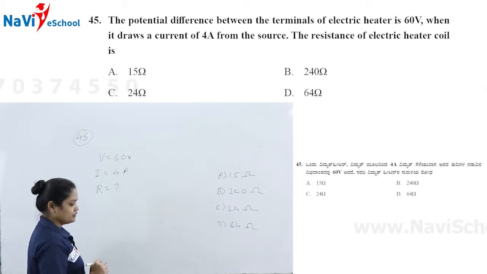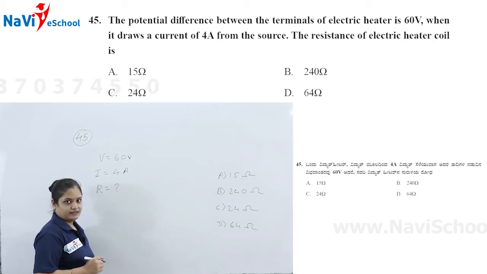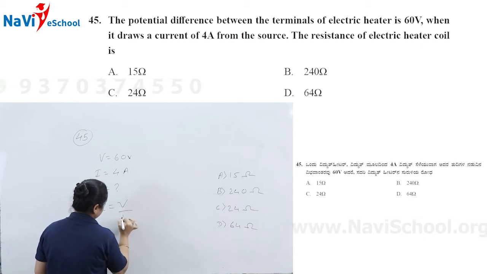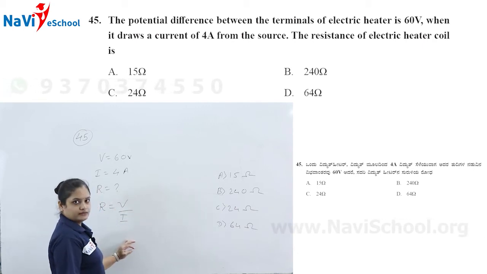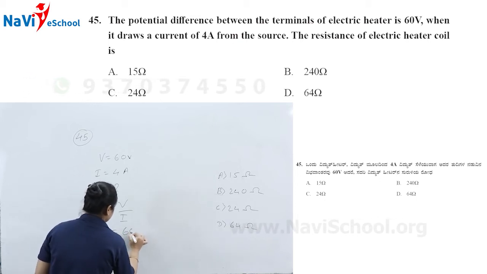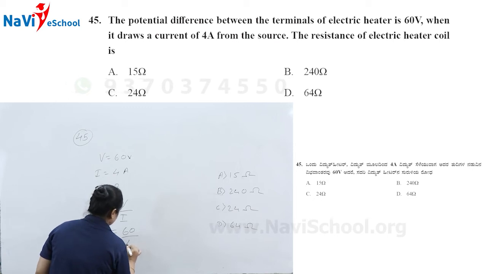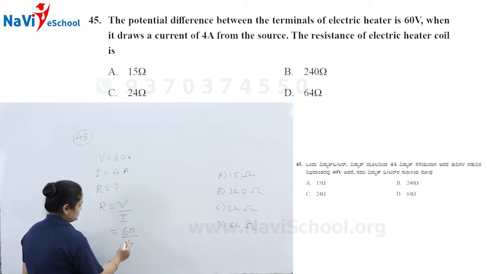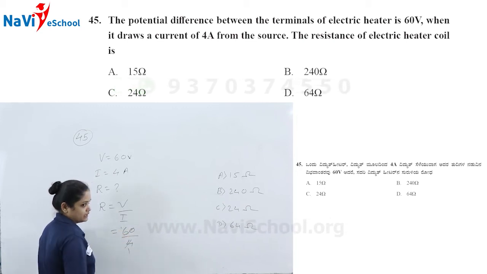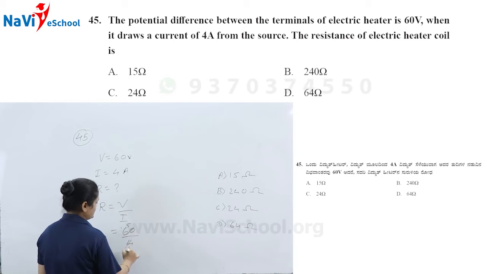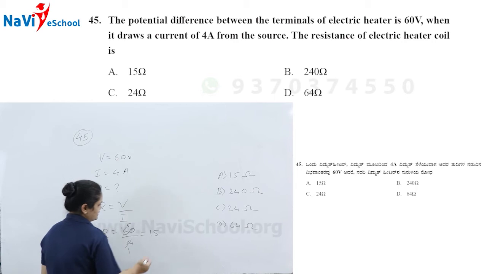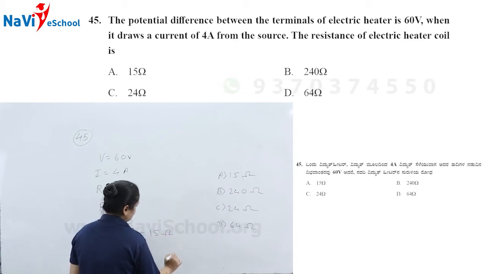And what is the formula to find this resistance? That is R is equal to V by I. So here V is how much? 60 volt and I is 4 ampere. 4 ones are 4, 4 ones are 4, 2 has been left, 4 5s are 20, so it will become 15, that is our R. We can denote this in terms of ohm.